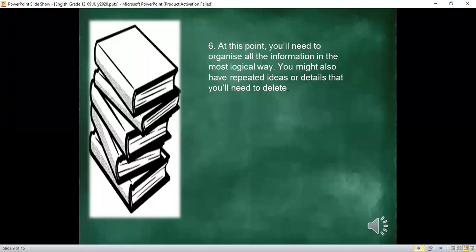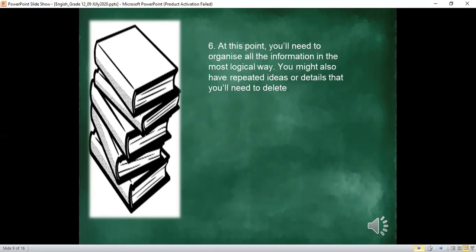Now, at this point, you'll need to organize all the information in the most logical way. You might also have repeated ideas or details that you need to delete. So now that you have everything at your disposal, it's everything that you need for the summary.